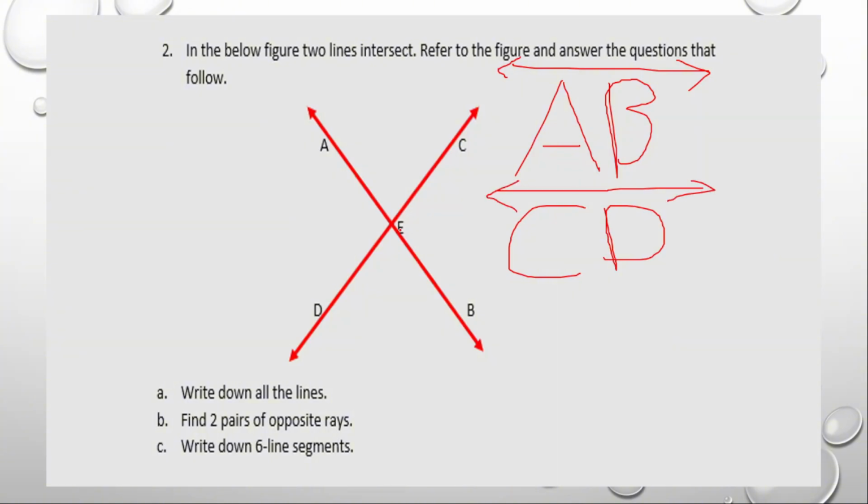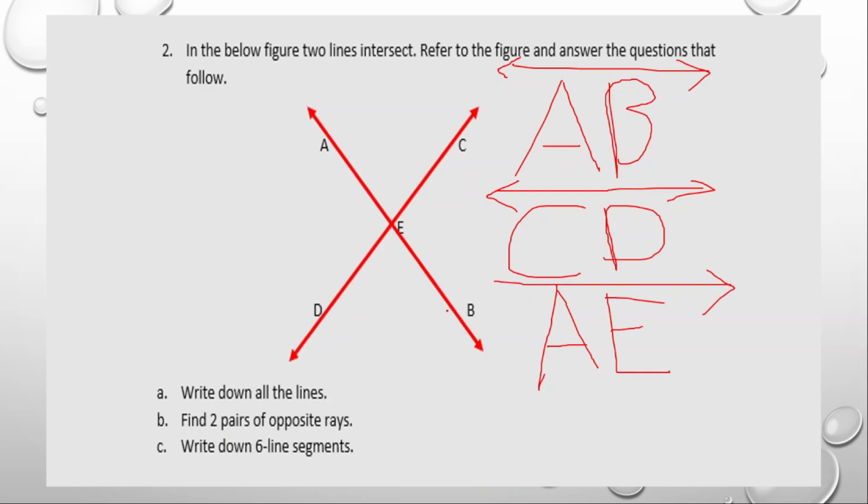You see that point there, E? Did this line stop there? No. This line also started at A and went right through E and right through B. So we can write it as AE also. Right? As long as you have your symbol at the top.